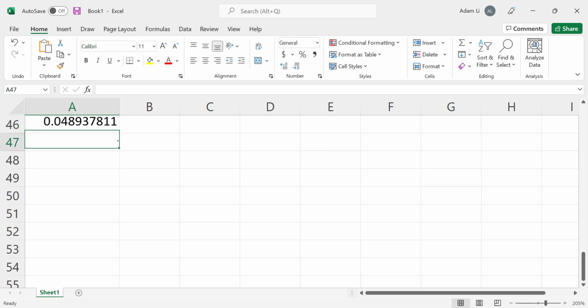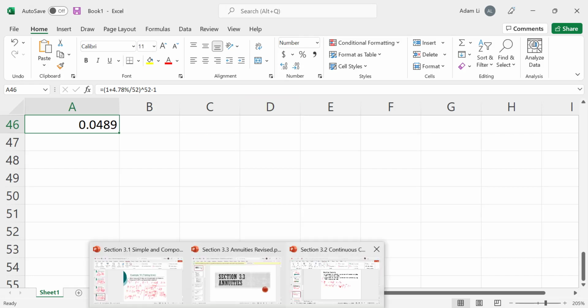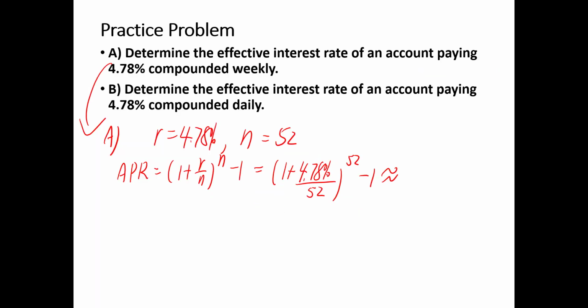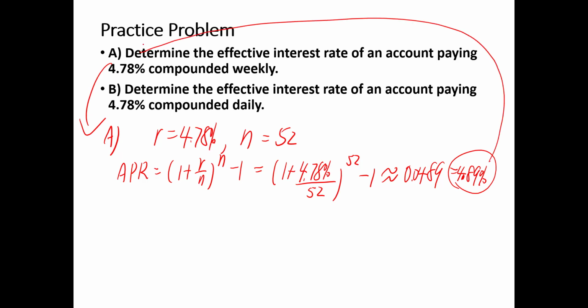And this will turn out to be, if we round to 4 decimal places, and again, it's conventional to round to 4 decimal places, 0.0489. So the result is 0.0489, and that's approximately 4.89%. The effective interest rate, compared to 4.78%, is higher.